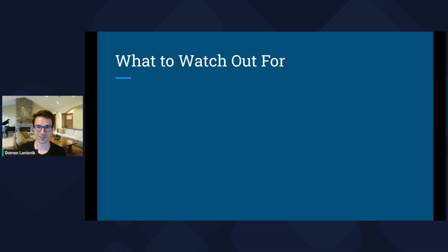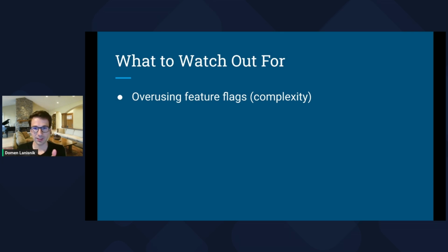So we covered a lot of benefits right now, but you're probably thinking that there are some drawbacks, right? And yeah, there are. So what you need to watch out for is overusing feature flags. What I mean by that is, once you start using feature flags, you might think to put everything behind them just in case something goes wrong, even smaller features or some bug fixes.